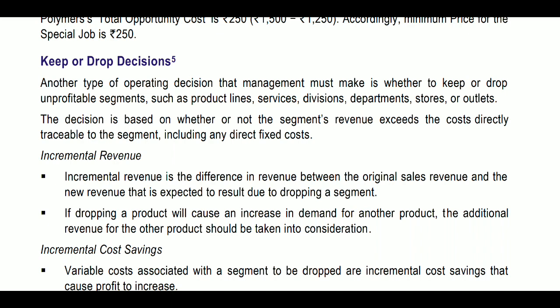And next, what we will see now is the keep or drop decision. It is related to temporary closedown.